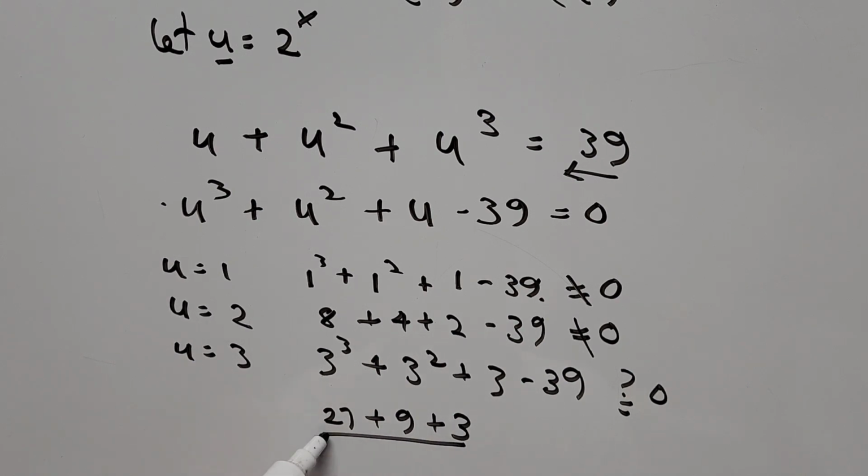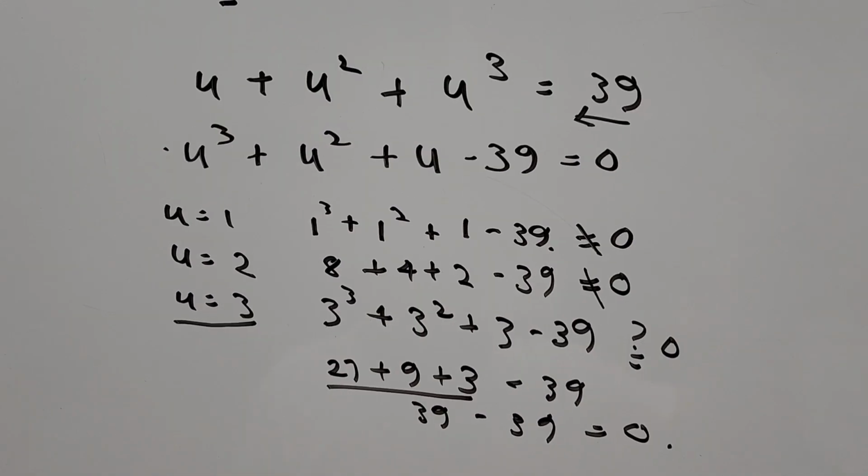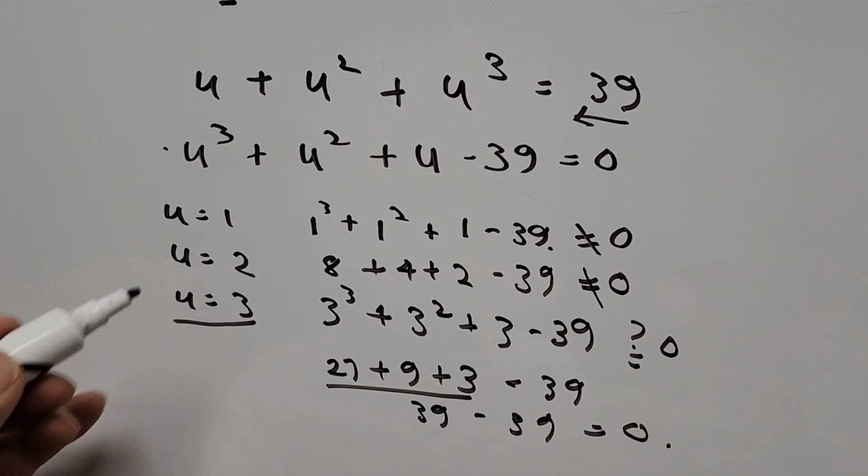So 27 plus 3 is 30, plus 9 is 39. So 39 minus 39 is equal to 0. So we have just found the initial value of u.